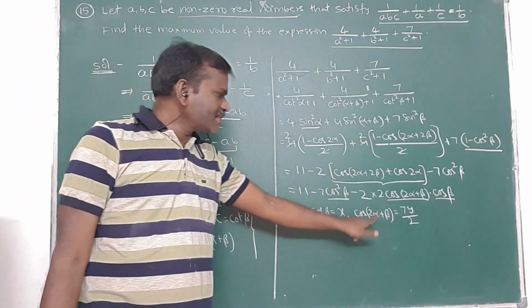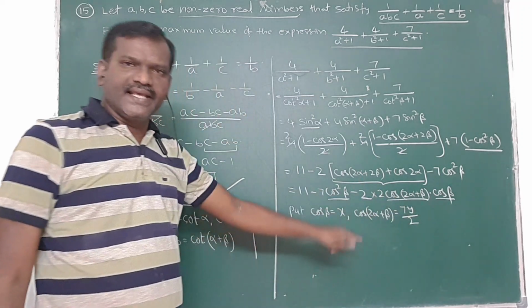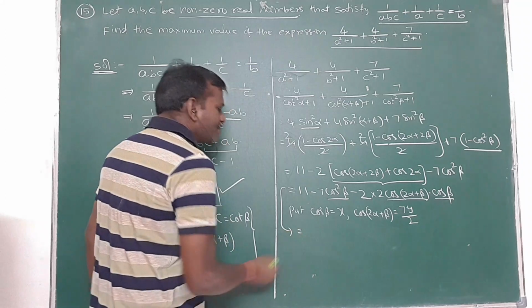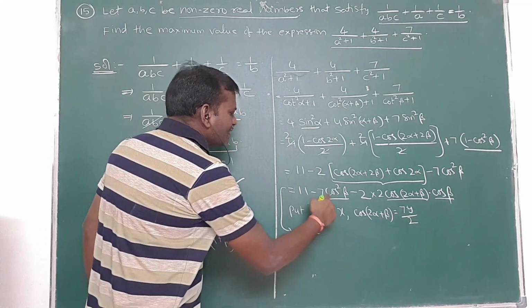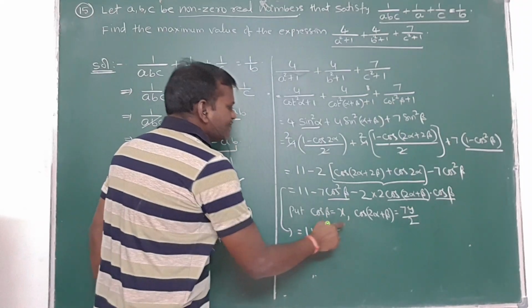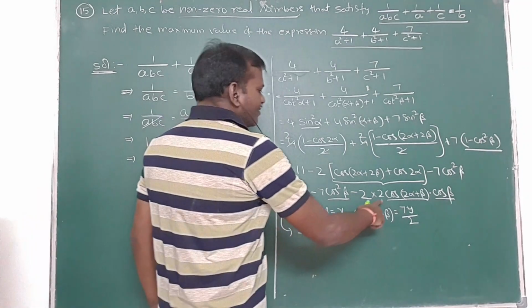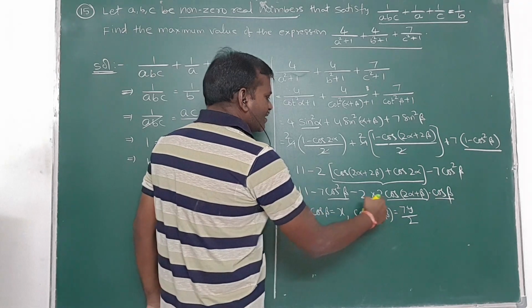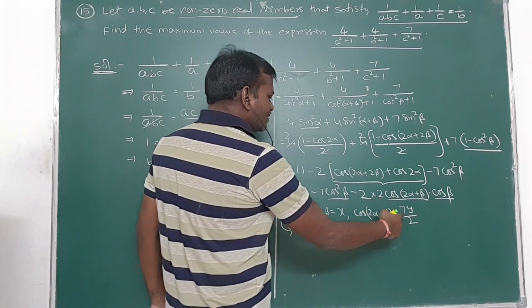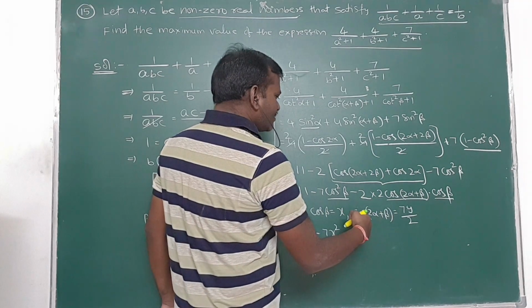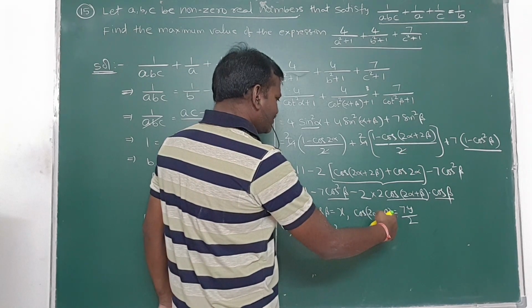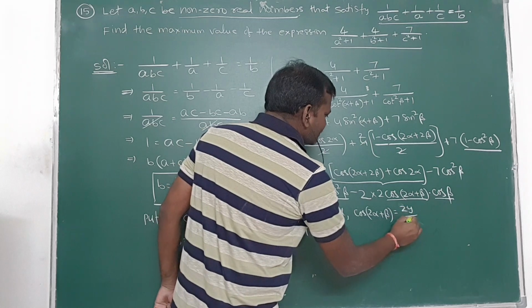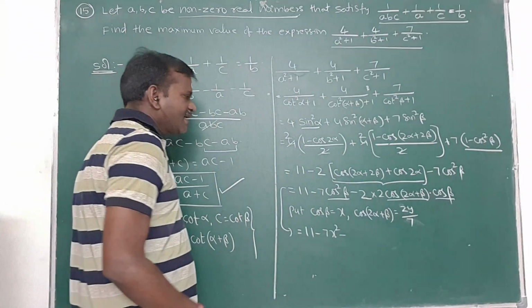See what happens. The expression will become 11 minus 7x square, and here 2 by 7, that means multiplied by 7 and 7, I am getting 7y by 2. If it is 2 by 7, 2y by 7 is substituted here.